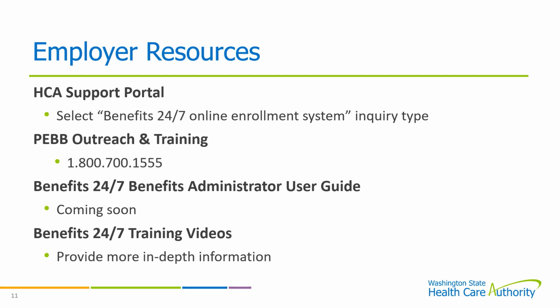And even though we don't have this available yet, there will be a link coming soon to a Benefits 24/7 Benefits Administrator User Guide. And then finally, we will be continuing to create and post some additional detailed training videos for Benefits 24/7. And just know that the user guide and videos will be located on the PEBB Benefits Administrator website once they become available.